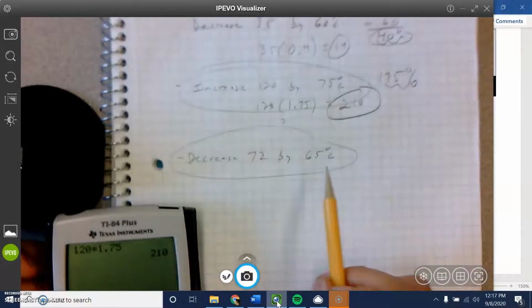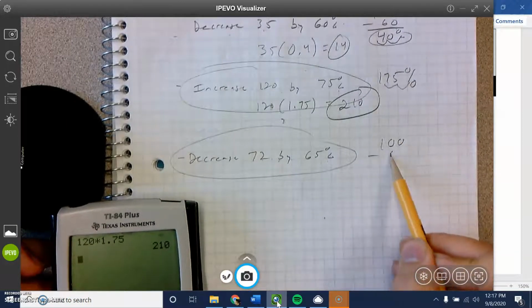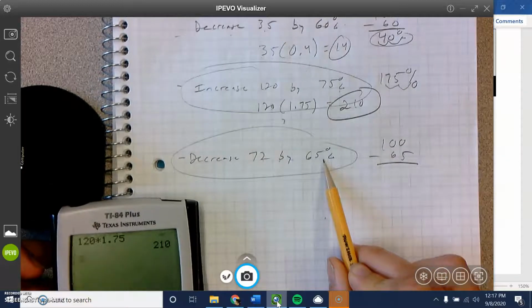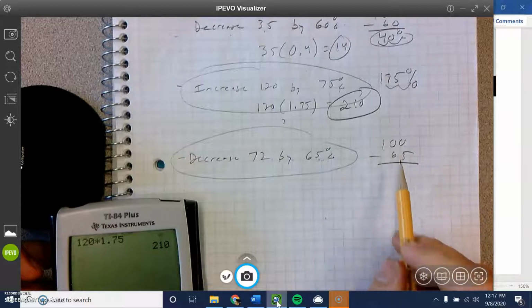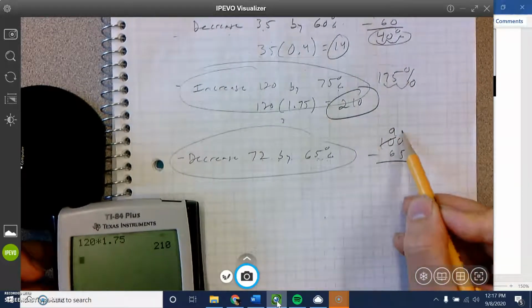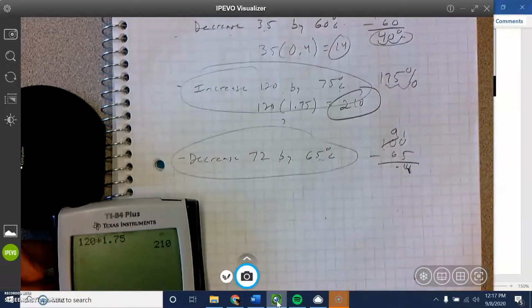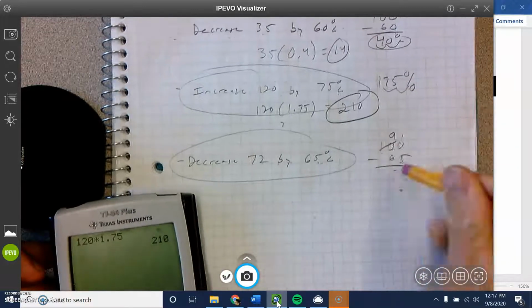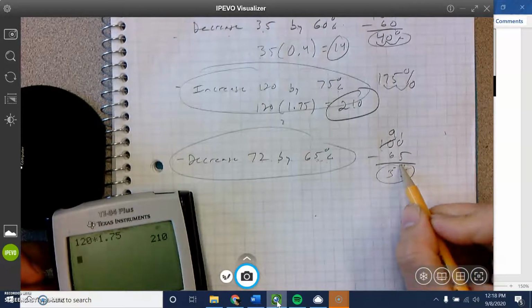Next one, decrease 72 by 65%. Okay. Well, if you're decreasing it by 65, you're getting 65 out of there. That means you're keeping only, oh, sorry, this would be 5. My bad. That means you're keeping only 35%.